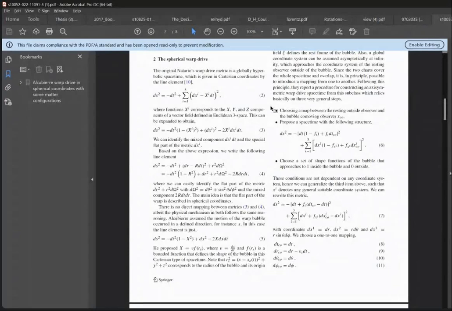And we want spherical symmetry for a lot of reasons. One of them, I think, is the most important one. In spherical symmetry, a lot of things are easier to see. By a lot of things, I mean it's easier to include matter. The equations usually simplify a lot because this is the natural symmetry that you have.